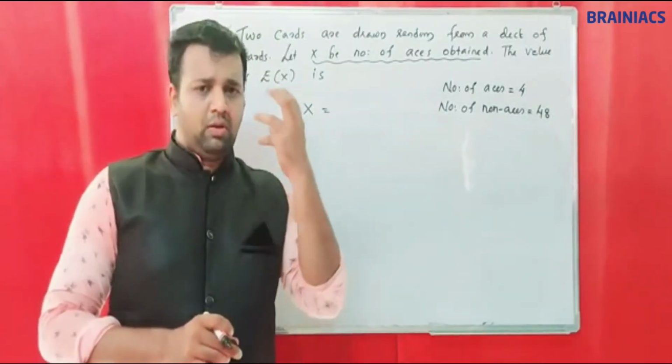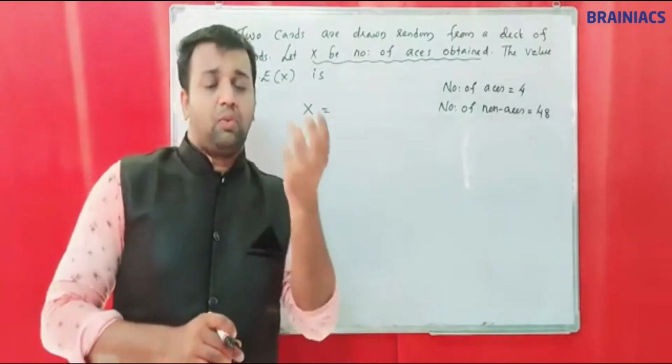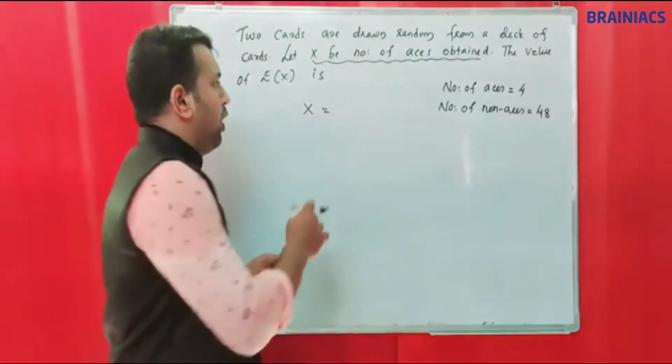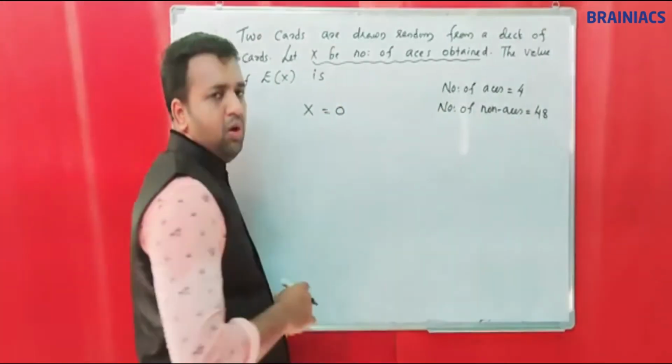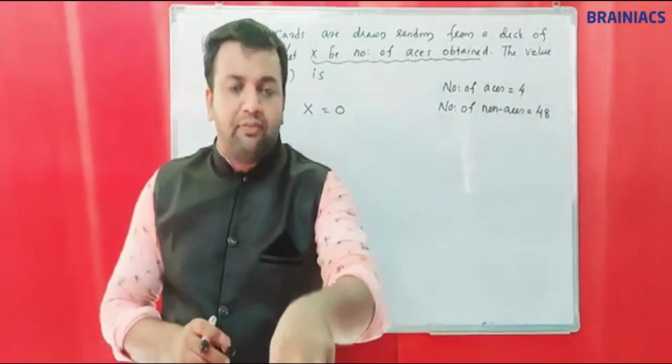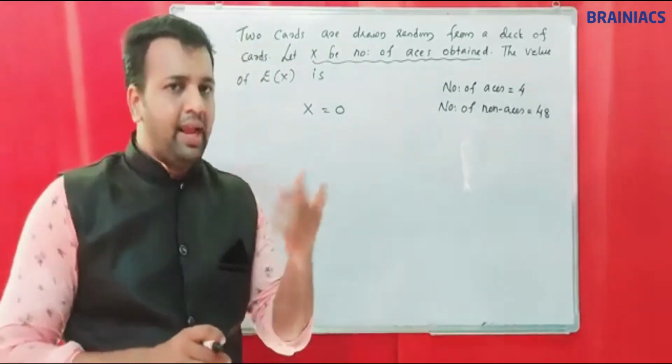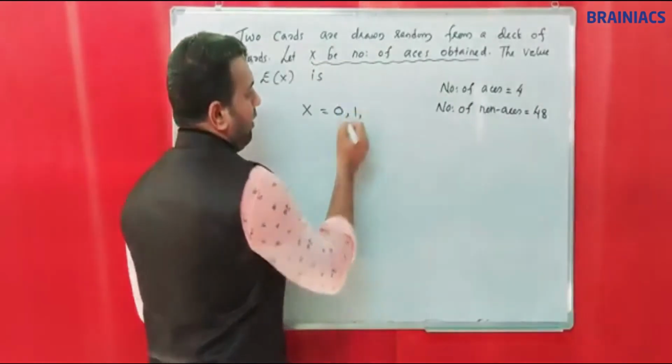So the possible cases are, there are no aces in the 2 cards, so the value of x is equal to 0. Out of these 2 cards, one card will be an ace. That's another case, so x is equal to 1.